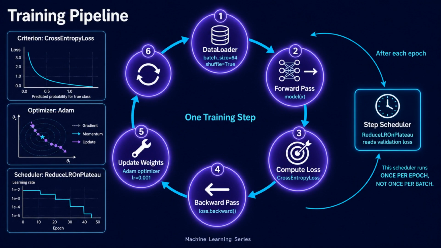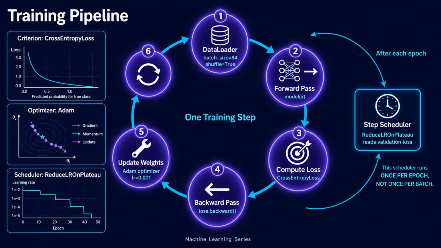The training pipeline ties together 3 key components. First, we use cross-entropy loss as our loss function, which combines log softmax and negative log likelihood and is ideal for multi-class classification problems. Second, we use the Adam optimizer with a learning rate of 0.001.